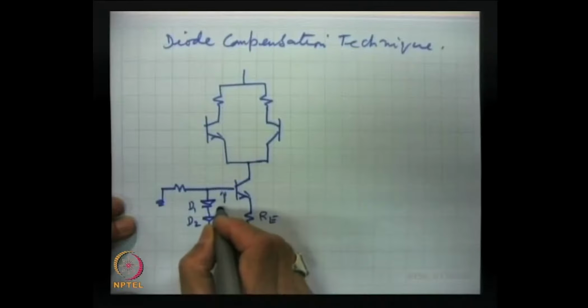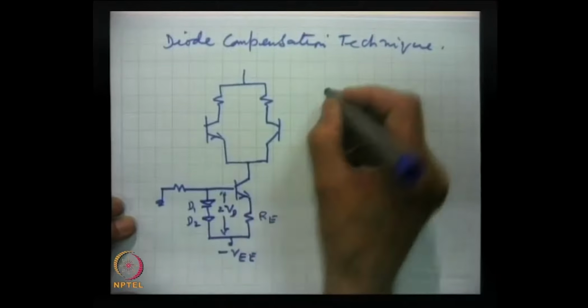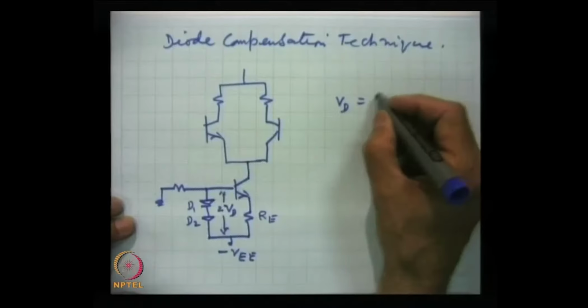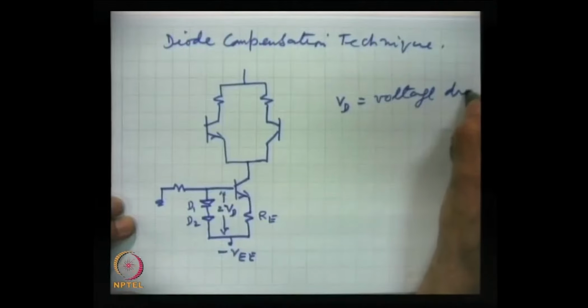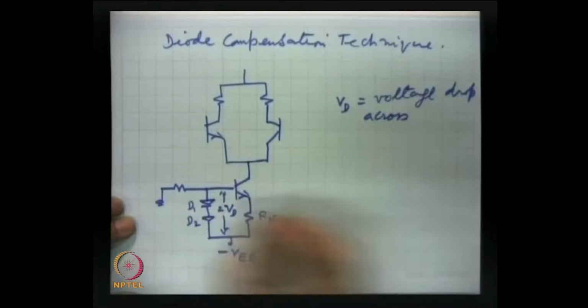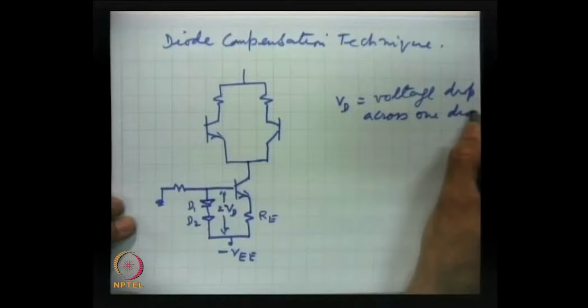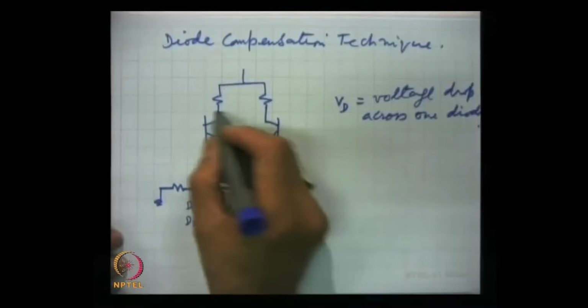will be 2 V_D, where V_D is the voltage drop across one diode.